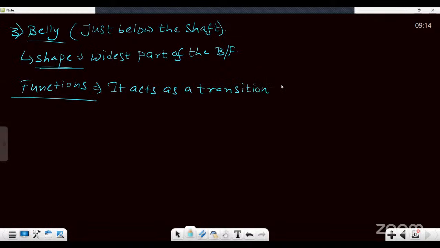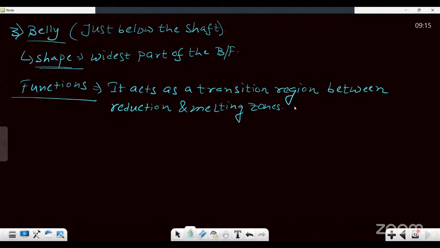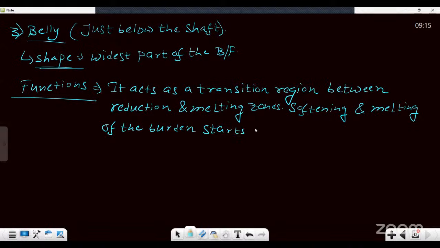Softening and melting of the burden starts here, and the burden becomes semi-solid.